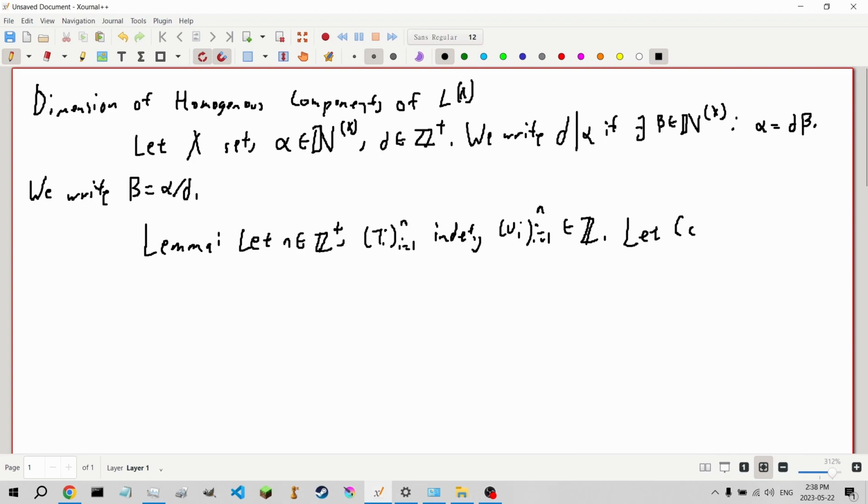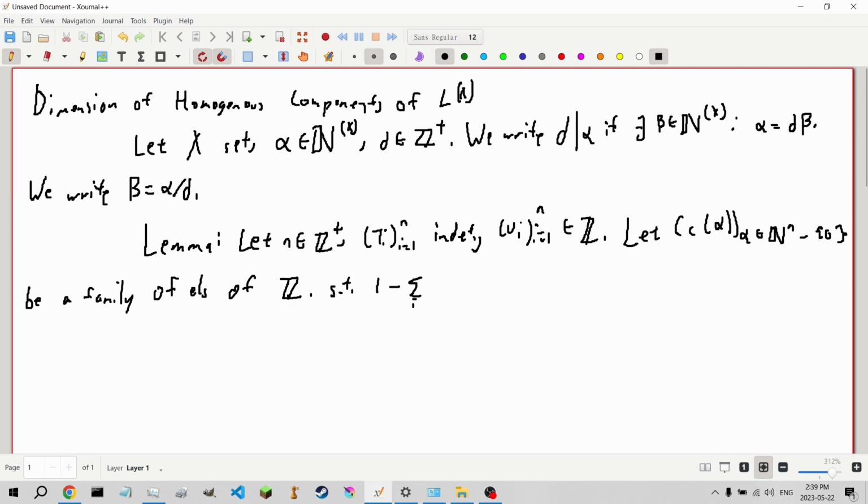Let C alpha, for alpha a list of n naturals and non-zero, be a family of elements of the integers such that 1 minus the sum from 1 to n of ui ti is the product over non-zero alphas of (1 minus t to the alpha) to the power of C alpha.